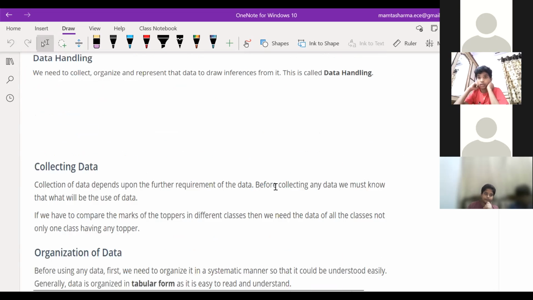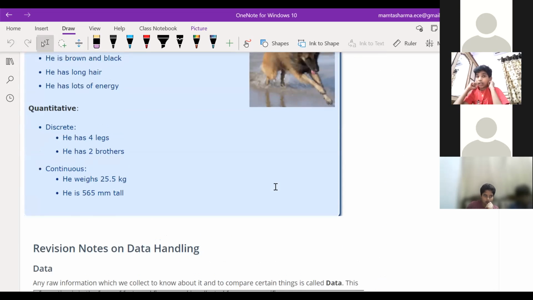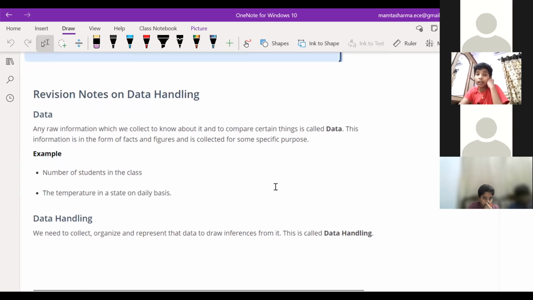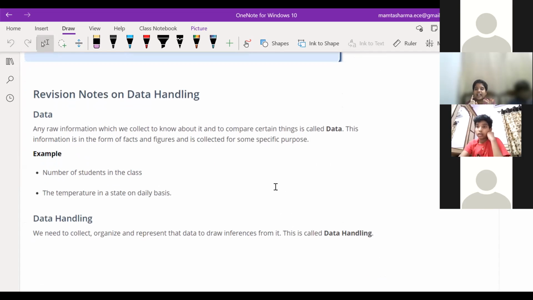So how to represent data? Ma'am, in a bar graph or pictograph or tally marks. Yes, that is the graphical method. The simplest method is the tabular form. You might have seen your ma'am taking attendance in your class.